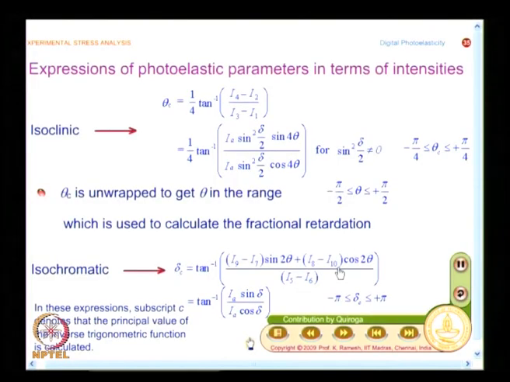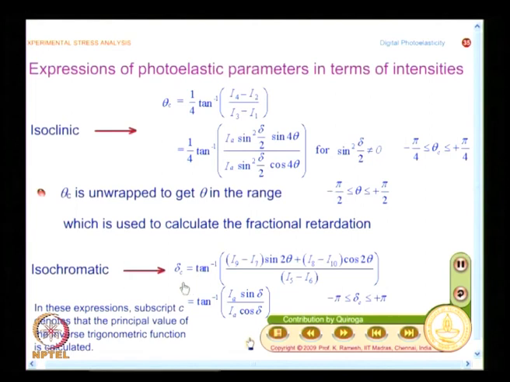So what you learn is the philosophy that the isoclinic parameter as well as the isochromatic parameter are evaluated by processing the intensities mathematically. That is the strong point and the unique approach in phase shifting methodologies.